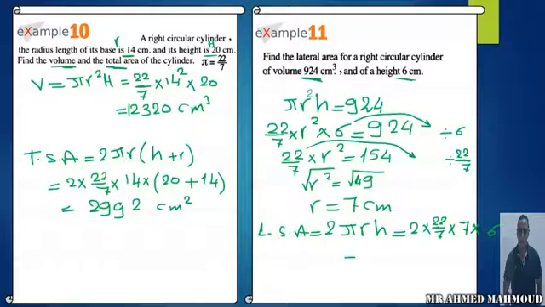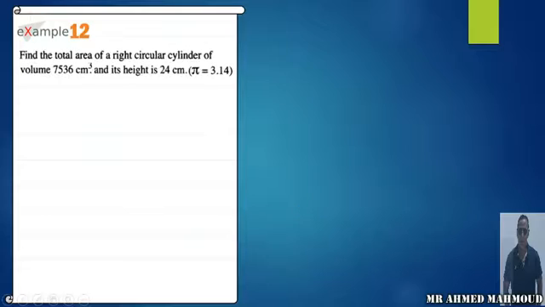This equals 264 centimeters squared. Okay, the next example, example 12.